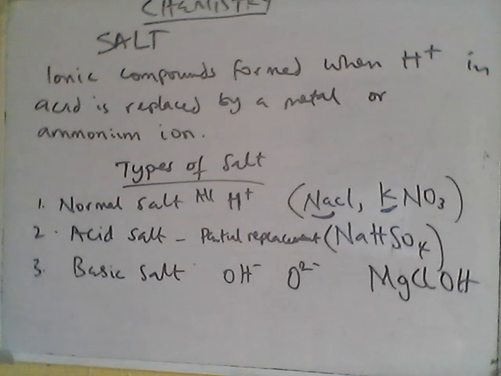Okay, so we'll look at the strength versus concentration. When we talk about strength of acid, we'll look at strong acid, weak acid, concentrated acid, and dilute acid. So a strong acid completely ionizes in water.